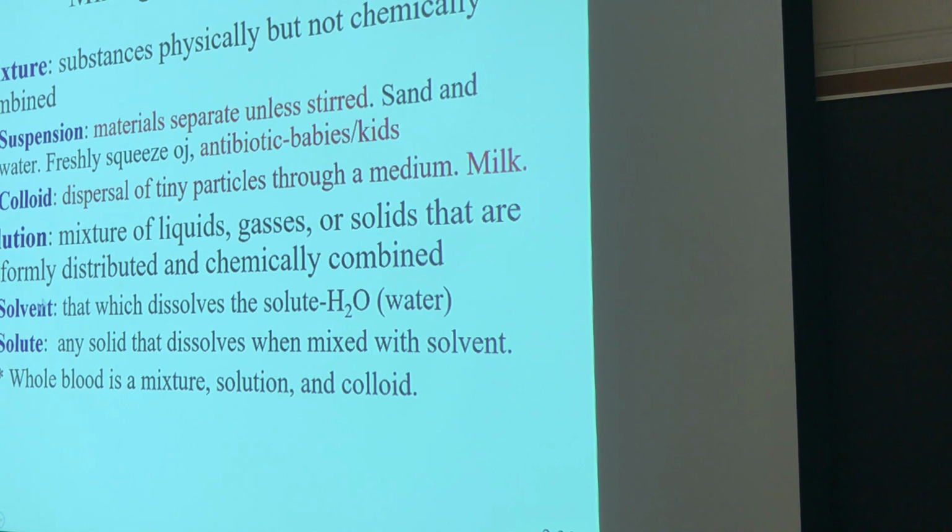They don't dissolve into each other. They separate. Everything else does. The sodium chloride we see in our body, the bicarbonate that we see, they can dissolve directly into the plasma of our whole blood. Again, whole blood is a combination of all of this. It's a mixture, a suspension of colloid and a solution.